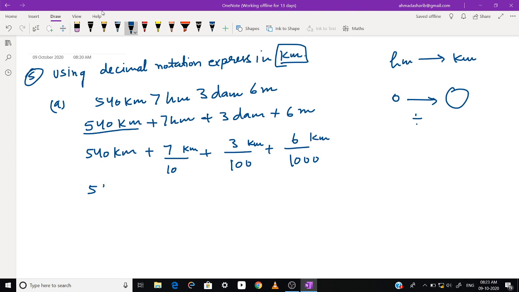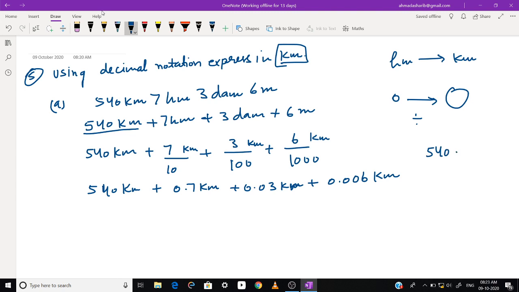Now you can write kilometer in each part also, because when you divide, you have already converted the unit into kilometer. So 540 kilometer plus 0.7 kilometer plus 0.03 kilometer plus 0.006 kilometers. So what will be your answer?